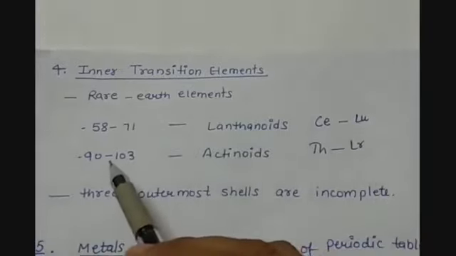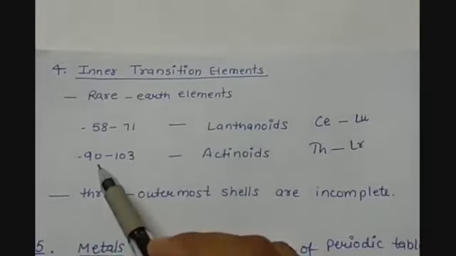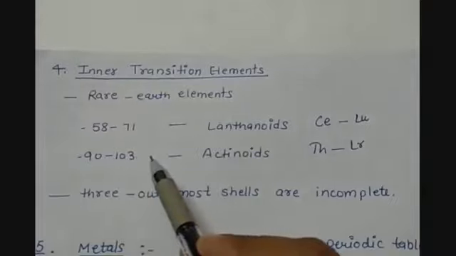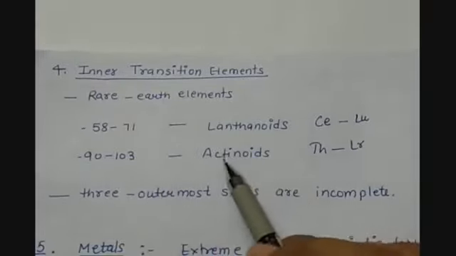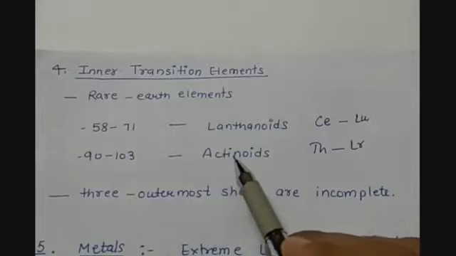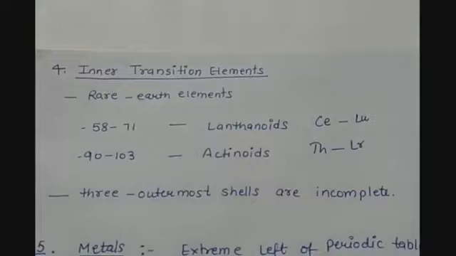Then atomic number 90 to 103 is called actinoids. Why? Because actinium, which is having atomic number 89, is the element of group number 3, period number 7. And after this discovery of actinium, these 14 elements were discovered which are having similar properties as actinium.